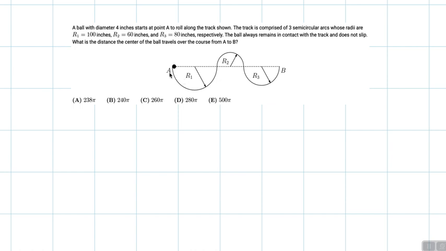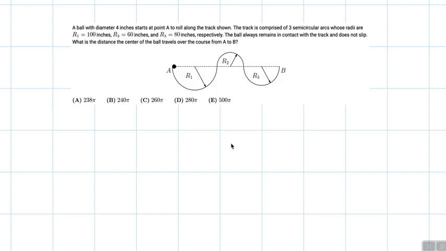How is that different from anything else? Because I think when it says the center of the ball, it's obvious then that the ball's diameter is relevant. So maybe thinking about the length of these arcs.